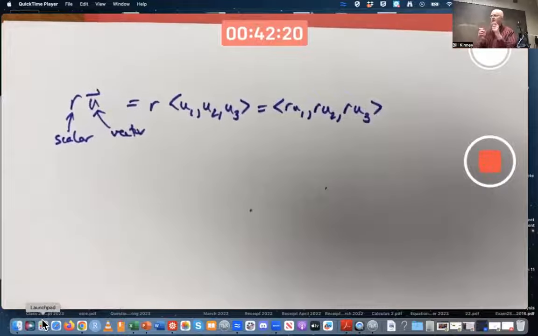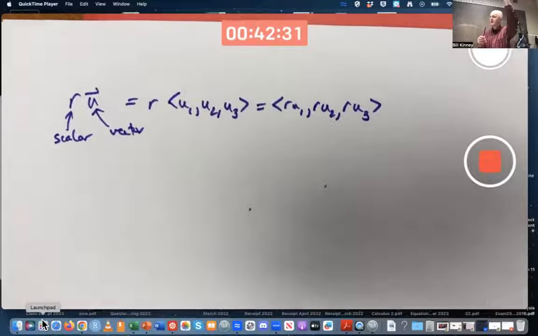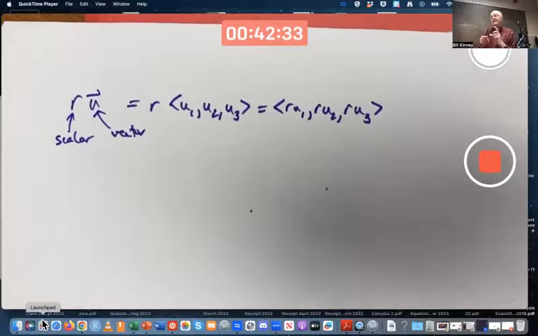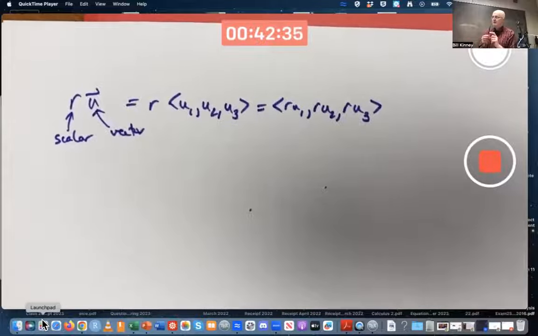For example, if R is 2, then the new vector, 2 times u, points in the same direction, but it's twice as long. If R is 3, it points in the same direction, but it's 3 times as long. If R is 1/2, it scales it down. Points in the same direction, but it's half as long. If R is 0, it becomes the 0 vector.